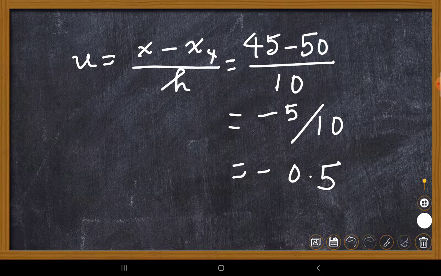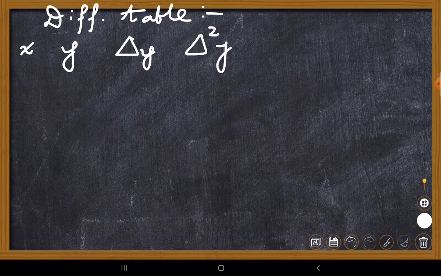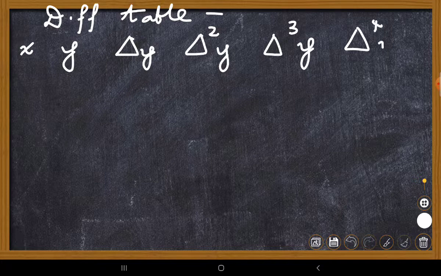And now to find those other values, you have to construct the difference table. You have your x values and your y values, and you have to find delta y, delta 2 y, delta 3 y and delta 4 y.